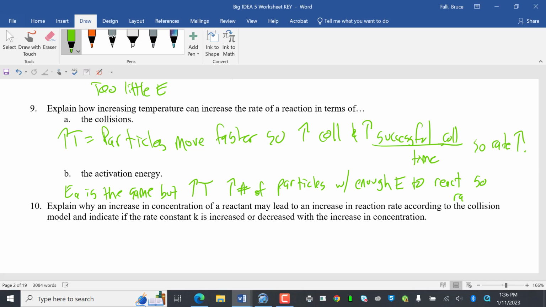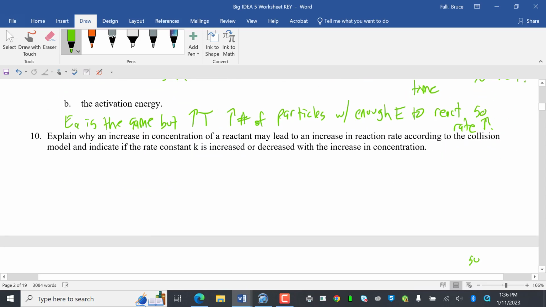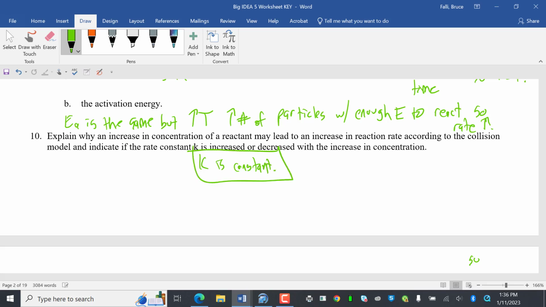So rate goes up. When an increase in the concentration of a reactant may lead to an increase in the reaction rate according to the collision model, indicate if the rate constant K is increased or decreased. K is constant, unless you change the temperature. So what do we say?